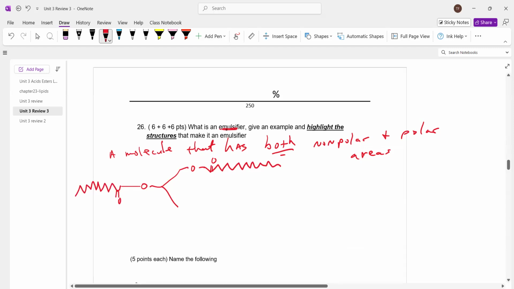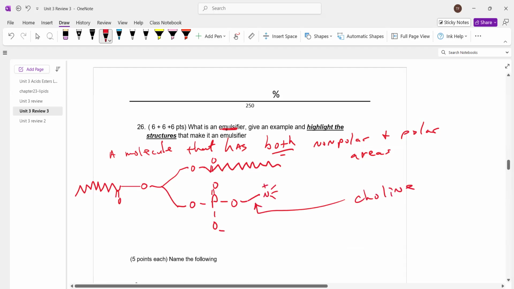Okay, and then you have a group, and that is choline.